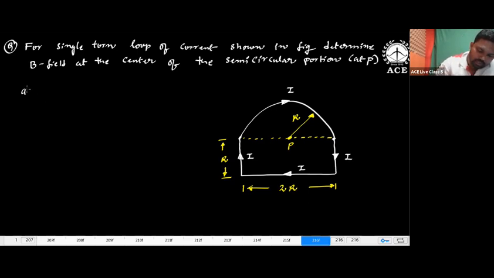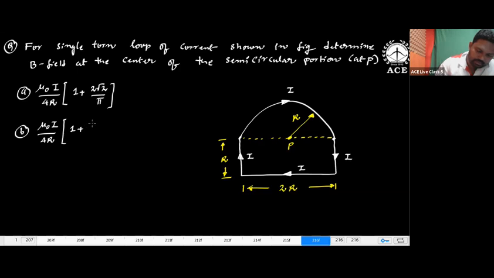The options are provided. Option A, mu naught I by 4R, 1 plus 2 root 2 by pi. Option B, mu naught I by 4R, 1 plus root 2 by pi.